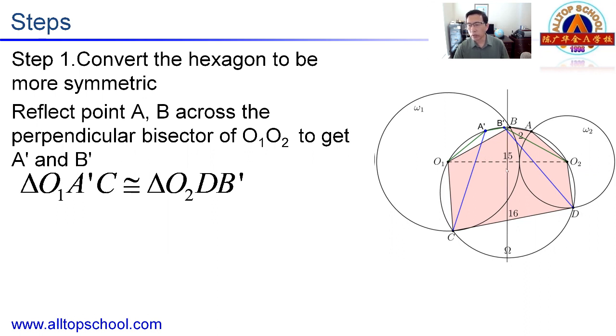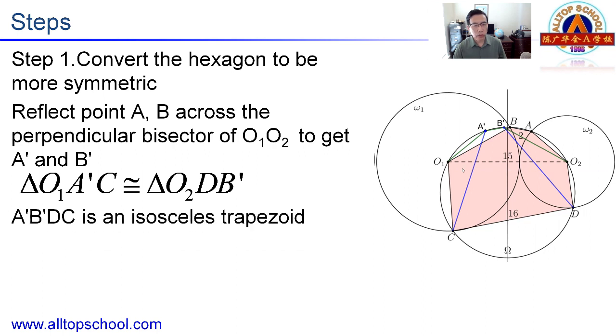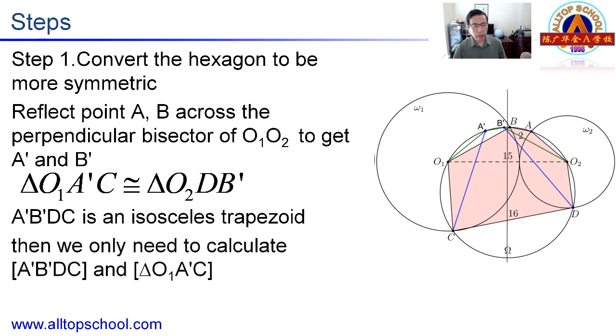This new hexagon has a very nice shape. The middle one will be a trapezoid, and on both sides we get two triangles. We can prove they are congruent, because we reflect A and B across the perpendicular bisector of O1O2. The trapezoid in the middle will be isosceles.